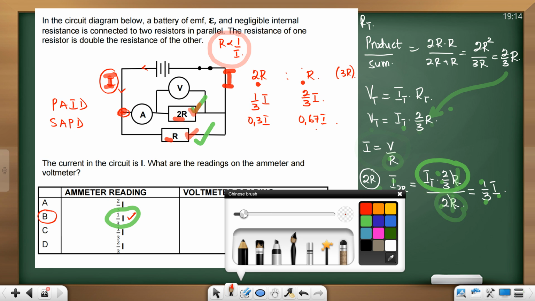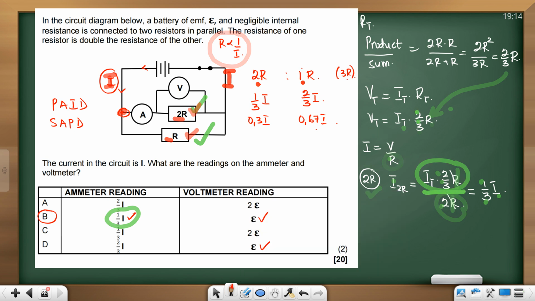We find the total ratio, and it is 3R. Now, for 2R, normally I should have said 2 over 3 multiplied by R. But because they are inversely proportional, I'll have to swap the values. For the 2, I'll use the 1, and for the 1, I'll use the 2, because of this relationship.